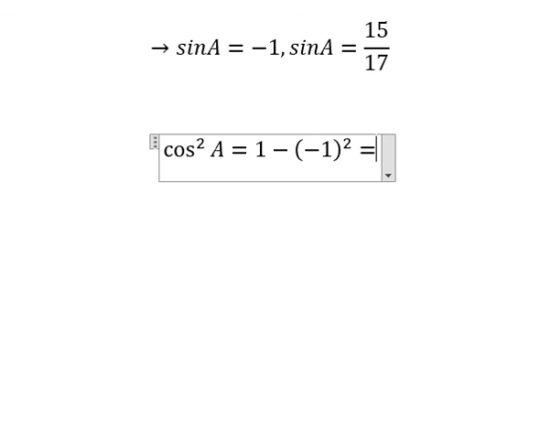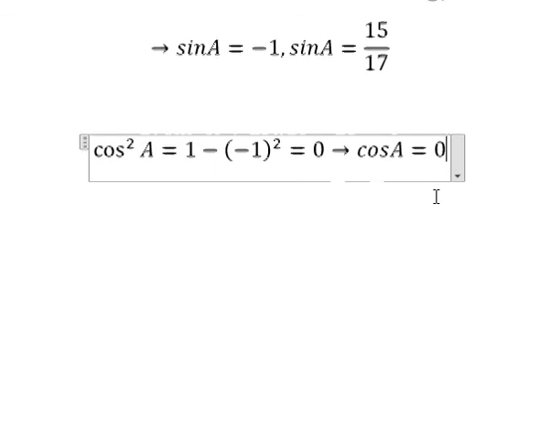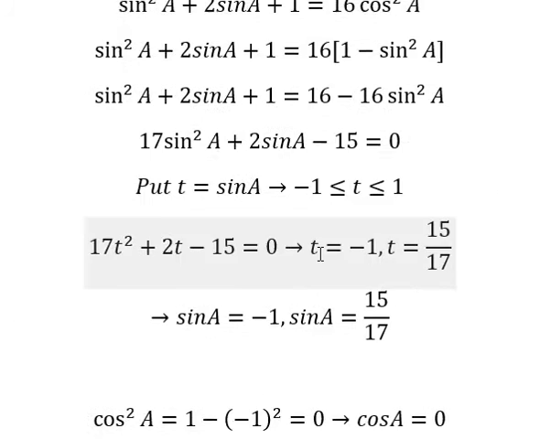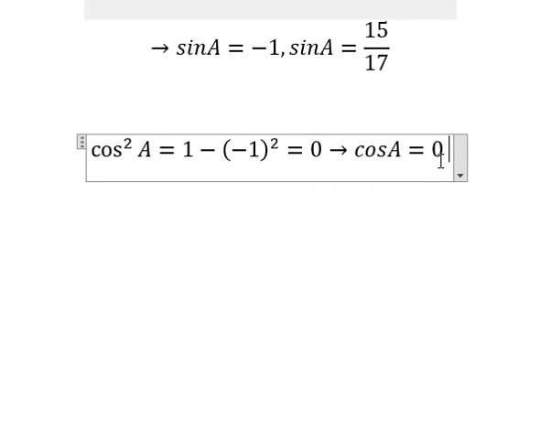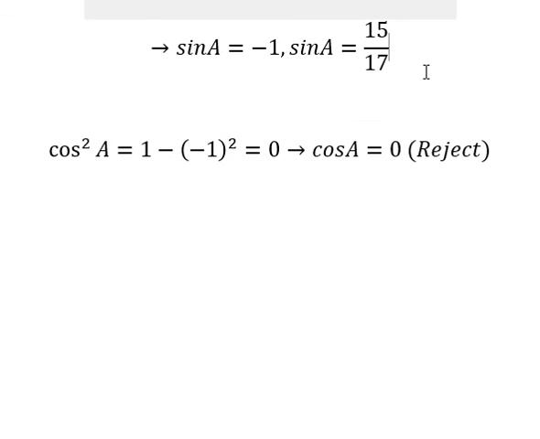So this one we have 0. That means cosine A equals 0. However, if we put 0 in here and here, it will be invalid. So that means we need to reject this one. Now we have only this one.